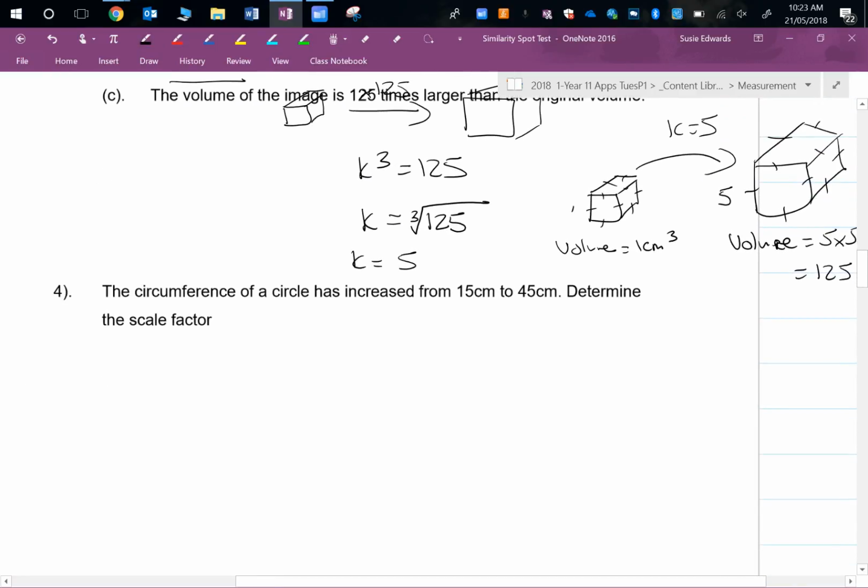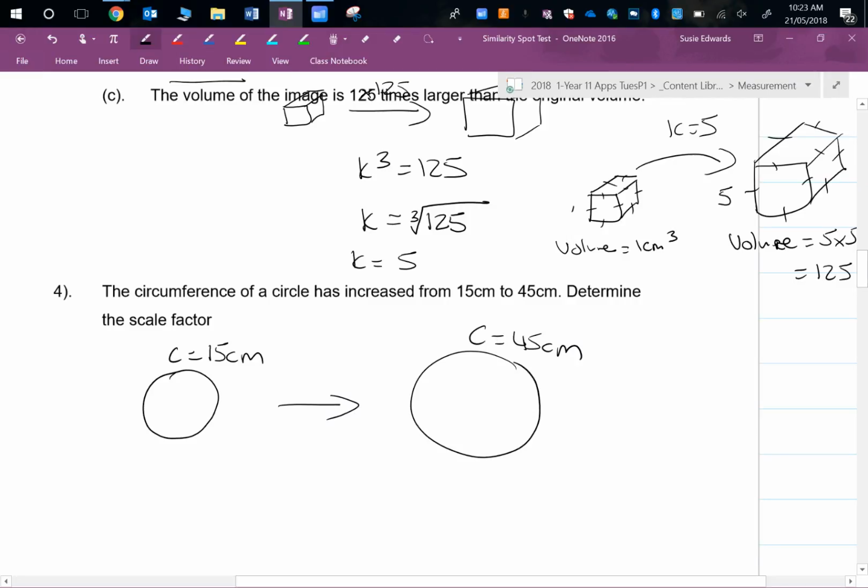The circumference of a circle is the outside. Is that length? Or is that area? Or is that volume? So this is the story. The circumference has changed from 15 centimetres to 45 centimetres. What's circumference?